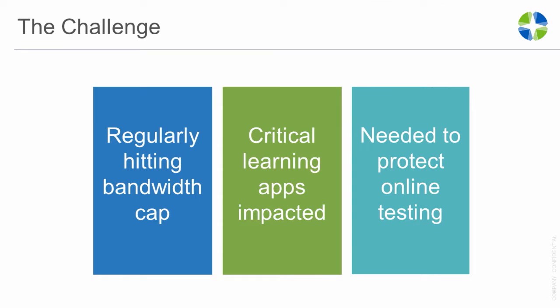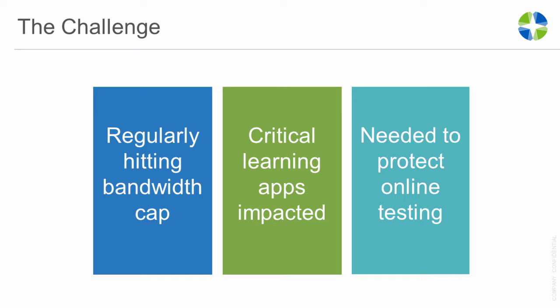Like I said earlier, we were regularly hitting the bandwidth cap, and we used MRTG to kind of watch our network bandwidth, and whenever it got slow, we'd see flat lines at the top, and that would cause critical learning apps to be impacted. When the internet gets slow, the things that need to happen tend not to, and everything gets impacted equally.